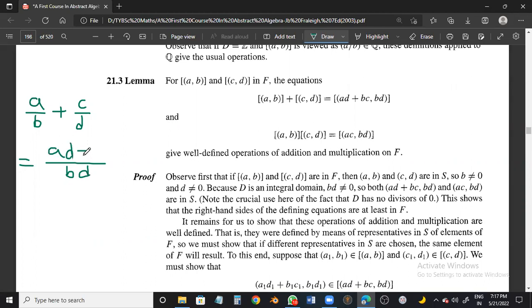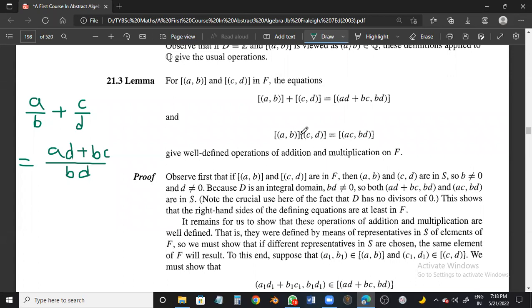I hope all of you agree. So the first place is AD plus BC and the second place is the denominator. All the ordered pairs that we are dealing with are in this fashion: the first entry is the numerator and the second entry is the denominator.